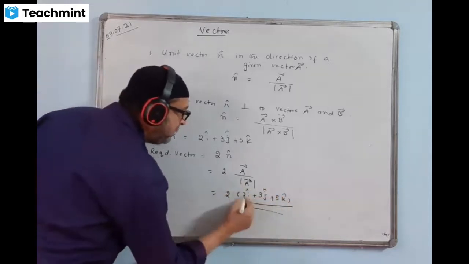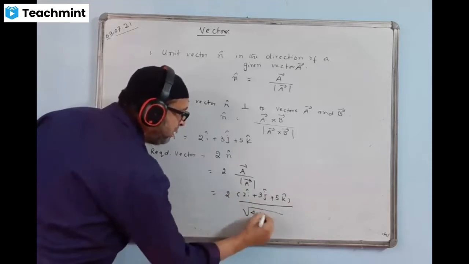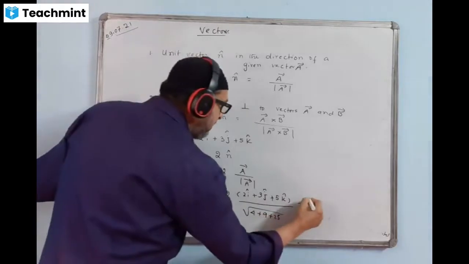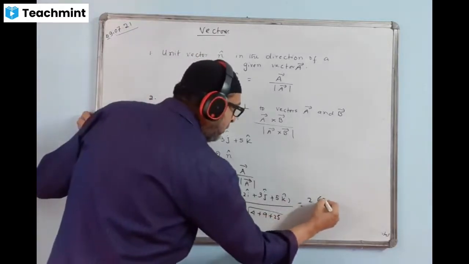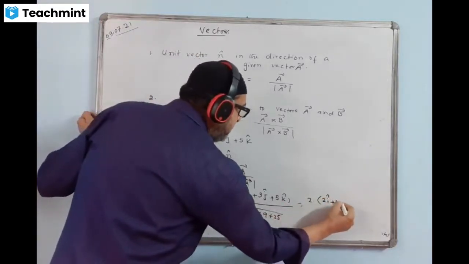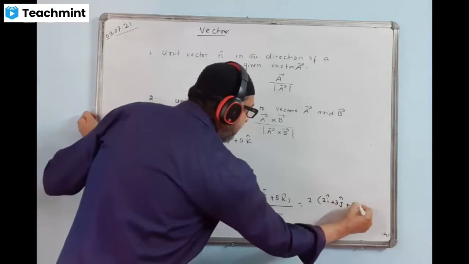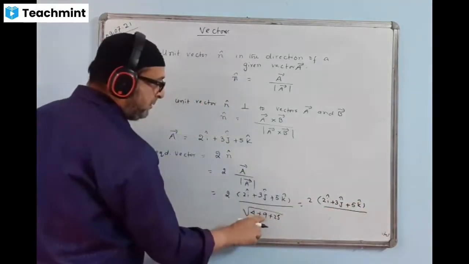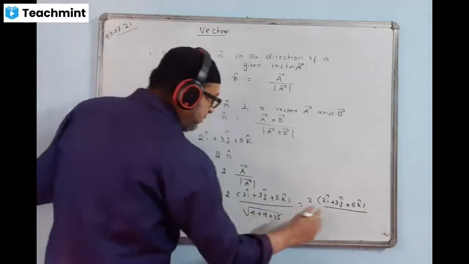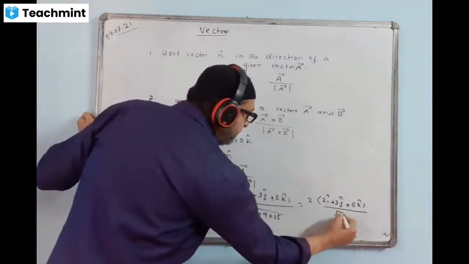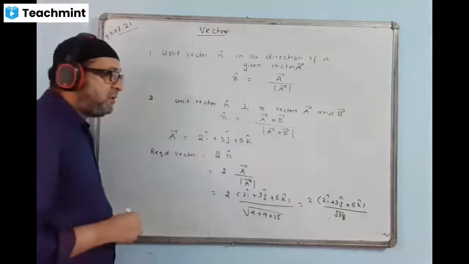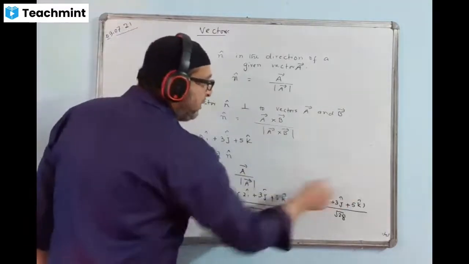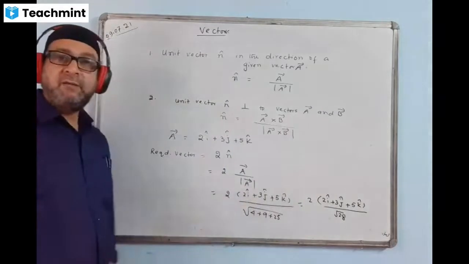Root of 2 square is 4, 3 square is 9, 5 square is 25. So I get 2i plus 3j plus 5k divided by root of 4 plus 9 plus 25, which is root 38. This is the answer. If you want, you can multiply the 2 into each term also, but this is the answer. Finished.